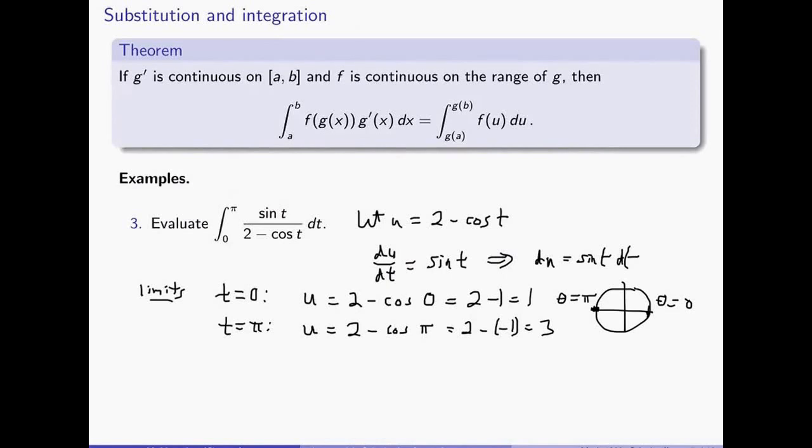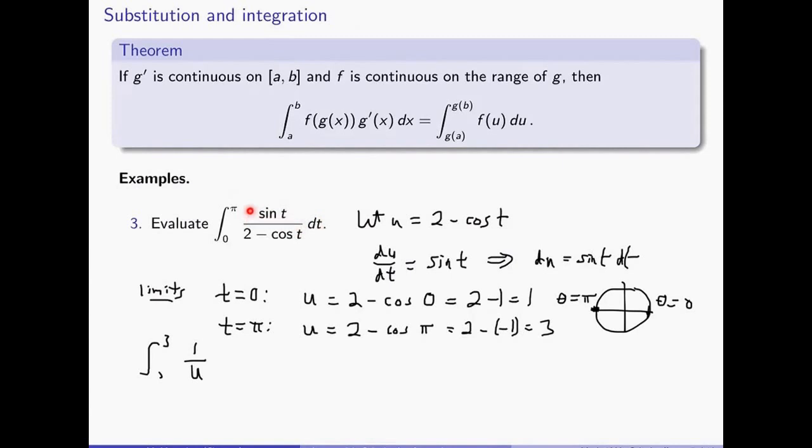Okay, so now back to our integral, we are actually integrating from 1 to 3. Where were we? So we had 1 over u, and then this part was our du.